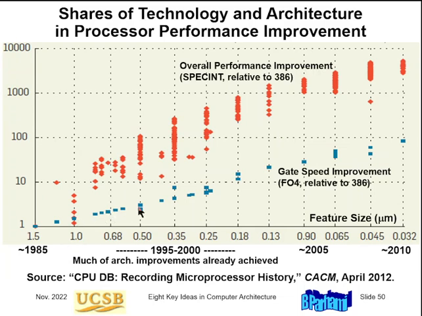Of that, a factor of 100 can be attributed to faster technology. Basically, our gates and integrated circuits became faster. So even if we didn't have any architectural innovations, everything would be running about 100 times as fast. Another factor of 100 resulted from architectural innovations, some of which I discussed in the previous slides. In fact, the bulk of improvements, if you see the slope of improvement, was greatest in the period 1995 to 2000. It has somewhat flattened since then.